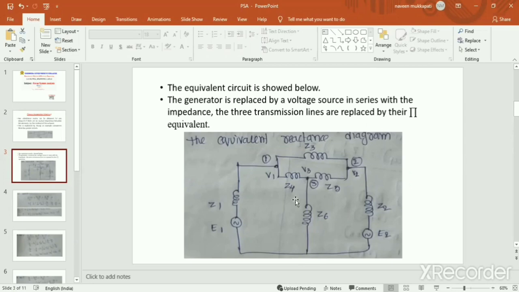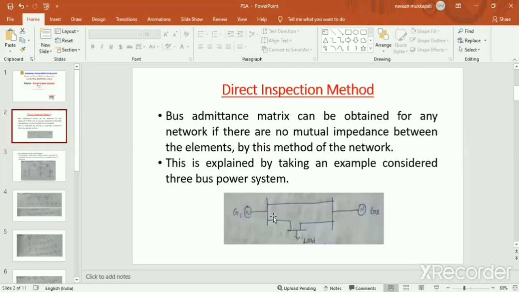Understand? Between bus 1 and bus 2 we have one element, that is Z3. Observing the single line diagram, this is bus 1, this is bus 2, and this is the load. Between bus 1 and bus 3 we have another element, and between bus 2 and bus 3 another element.